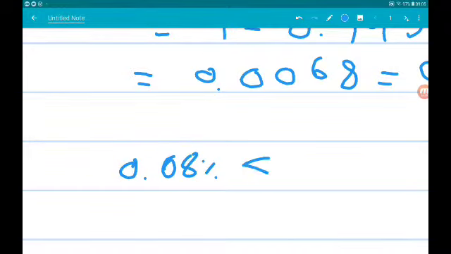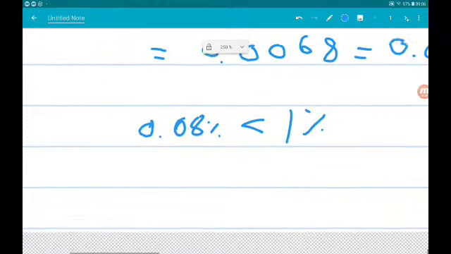Now 0.68% is less than 1%, so it was less than 1% likely that 43 out of 59 people used it if the proportion was still 62%.